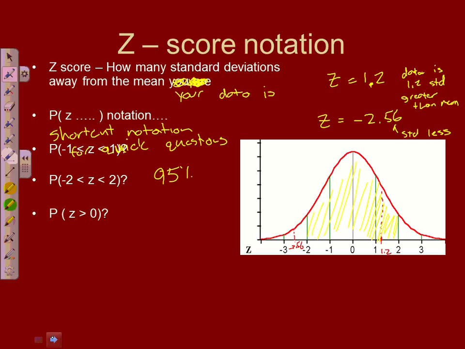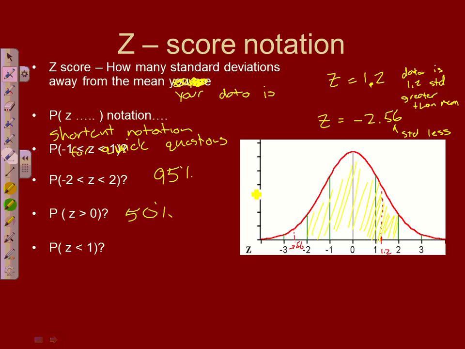This question is, what is the percentage of your observations that are greater than 0 standard deviations away from the mean? Or, what is the percentage of your data that is greater than the mean? You should know this answer. Yeah, 50%, going to the right. Same question: what is the percentage of your values that are less than 1?